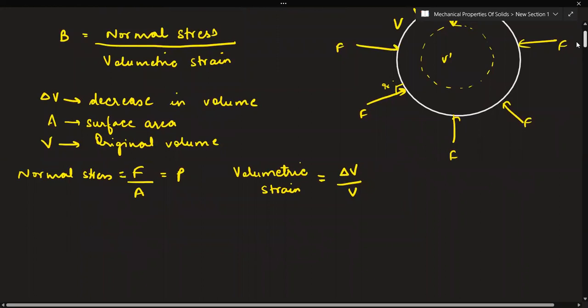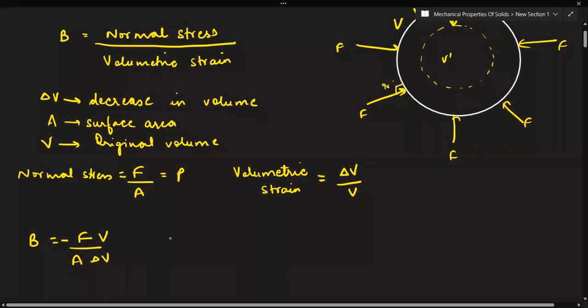Now let's put all these values that we have got and substitute them in the main formula for bulk modulus. Bulk modulus was normal stress divided by volumetric strain. So normal stress is the pressure, or let us write it in terms of F by A, and the volumetric strain is delta V divided by V. Since volume is decreasing because of the compression, because of the application of these deforming forces, we'll put a negative sign.